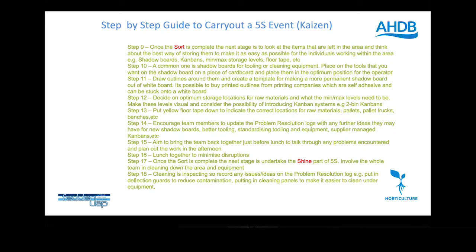Things like two bins of cellophane for wrapping, or shrink wrap for wrapping pallets next to the shrink wrapper itself, so that when you're down to your last roll of shrink wrap, that's the trigger to reorder, and that way you never run out.